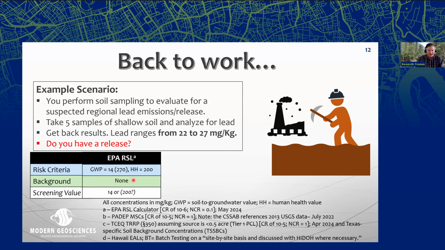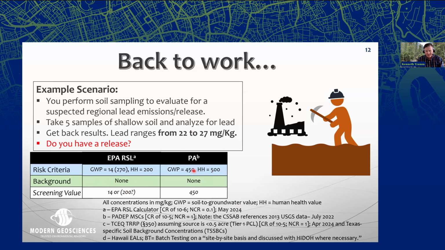There's not a background number for lead from the EPA, a default one for you to use anywhere. So we're stuck with those to start from. So I've either got 14 or I've got 200, because you remember my scale. So 270 being higher than the 200, 200 wins. All right, so I've carried that one, so I can't totally answer that question yet. It's always good to look at other states and just different approaches.